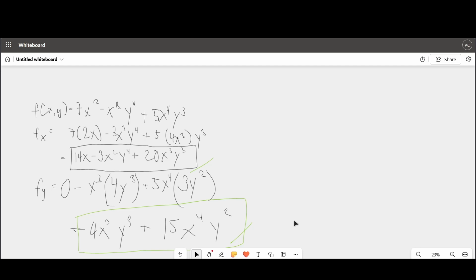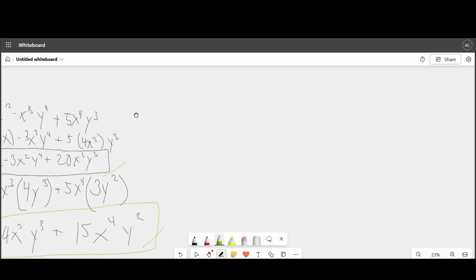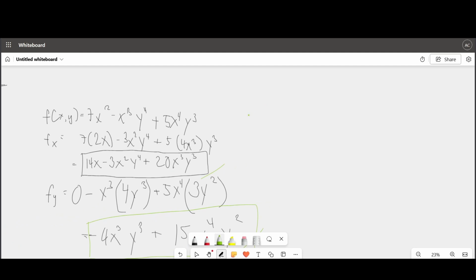And let's go with another partial differential equation before we move on to gradient operators. I believe that's gradient operators. Okay, let's just do another partial derivative example that we can move on.